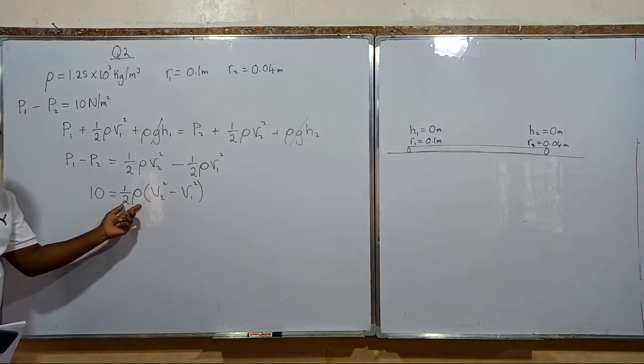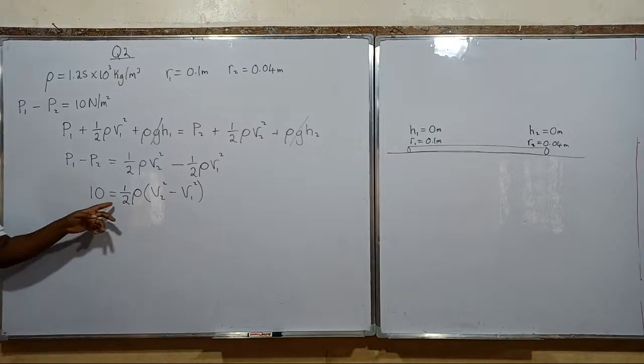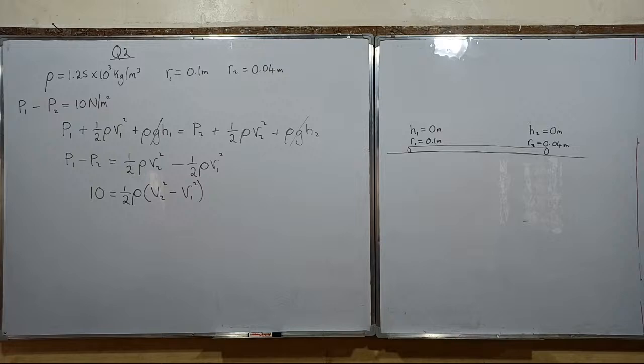So rho times half, then divide by 10 to the other side. I want to get rid of it in short. So do the dividing and multiplying. Half times rho, the answer that you find, you say 10 divided by that answer.